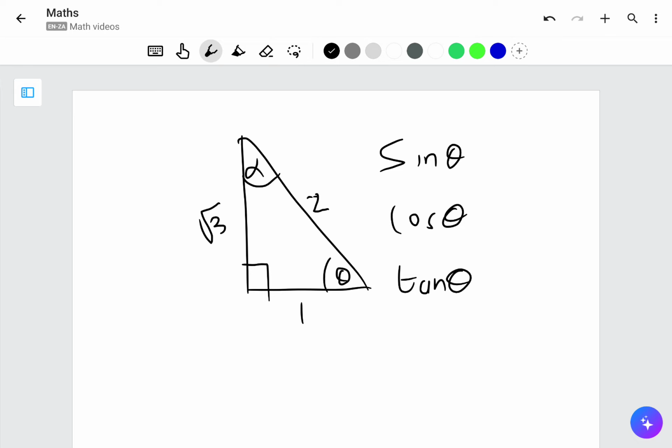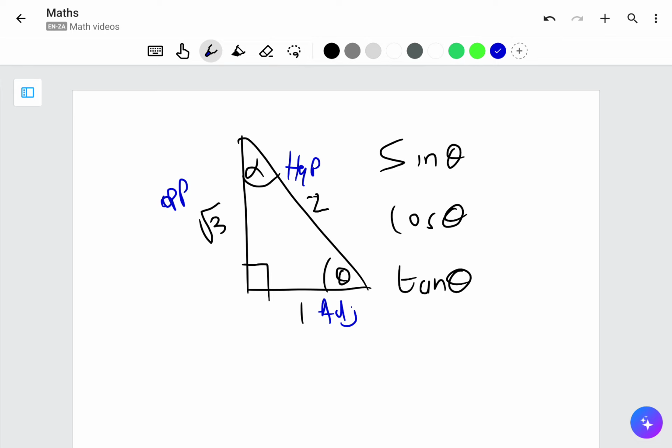Before we get there, let's put in what we know as our hypotenuse, our opposite, and our adjacent. You guys remember this from grade 9, right? Hypotenuse, opposite, and adjacent.